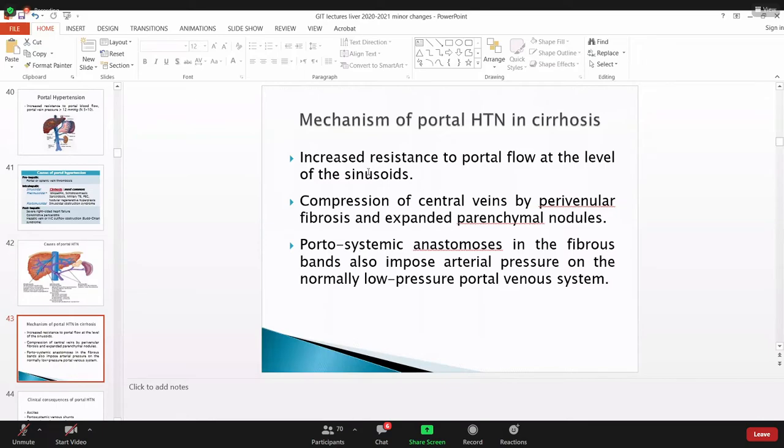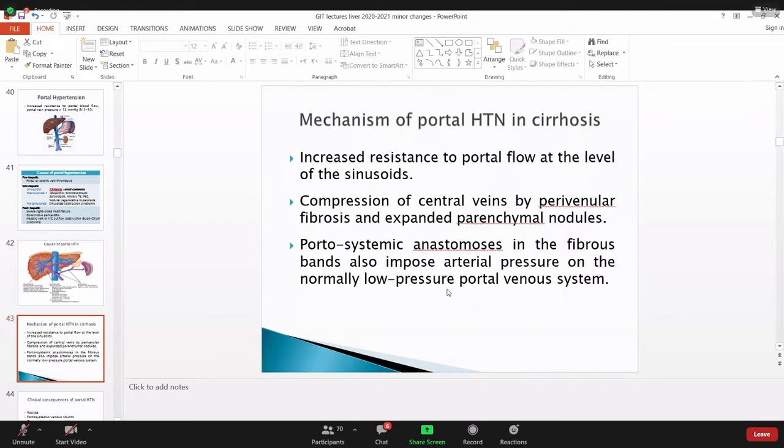Okay, so the mechanism, زي ما حكينا, it is mainly due to increased resistance to portal flow at the level of the sinusoids. اللي هو بالناس اللي عندهم cirrhosis there will be compression of the central vein by the venular fibrosis and expanded parenchymal nodules.